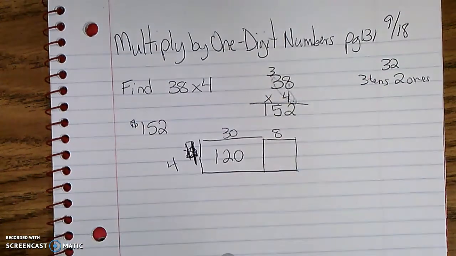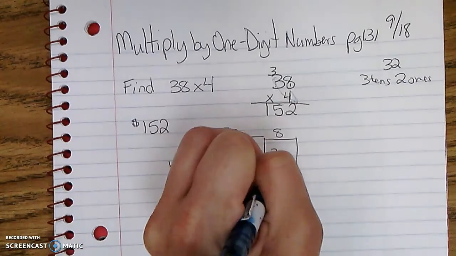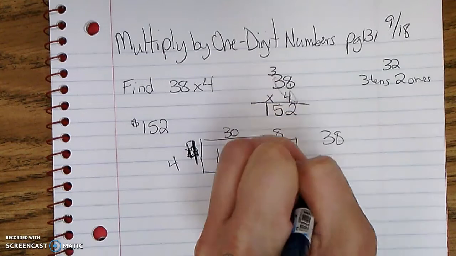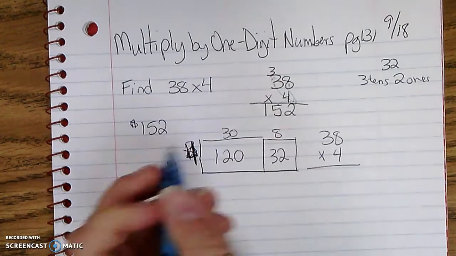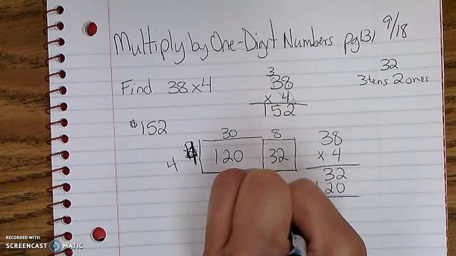I can use my powers of 10 rule for that, right? 4 times 3 is 12, plus that. And then 4 times 8 is 32. Then if I put it back into my thing, I would have 32 and 120.